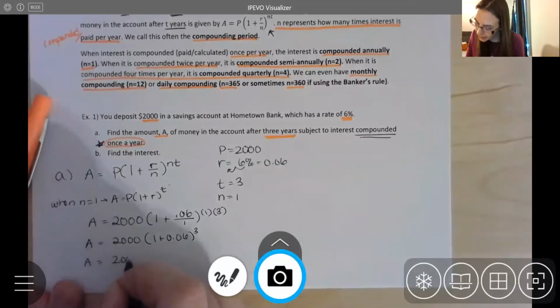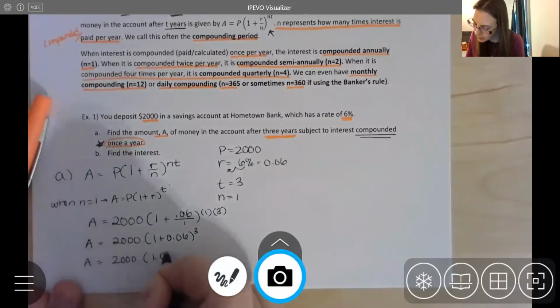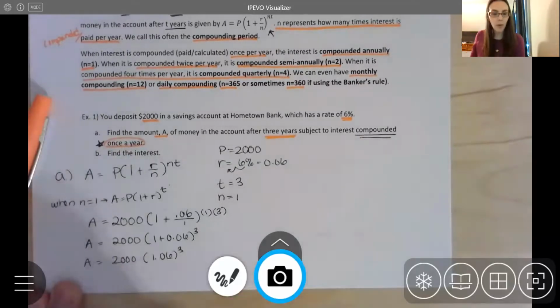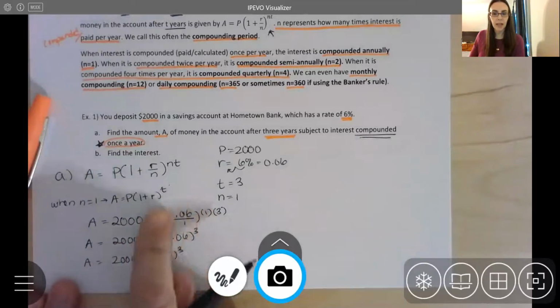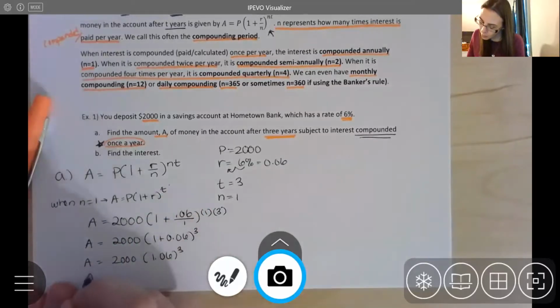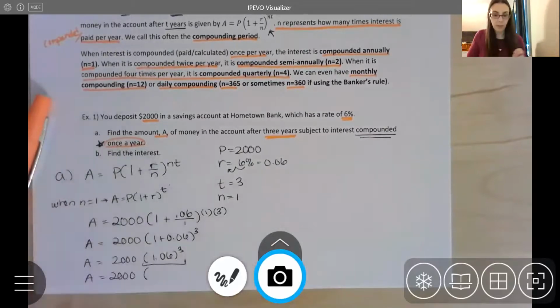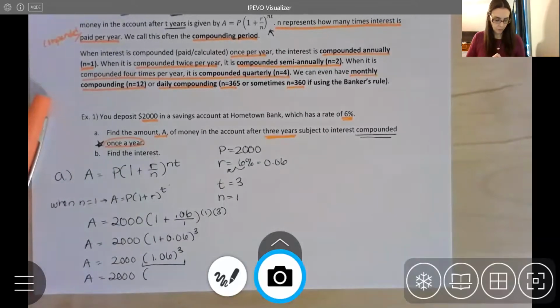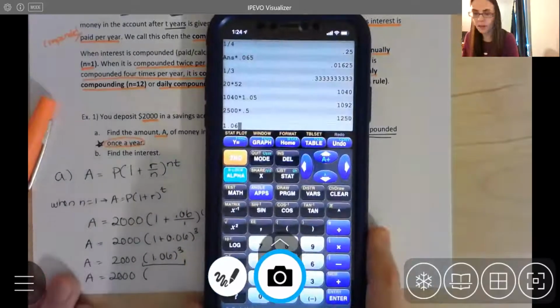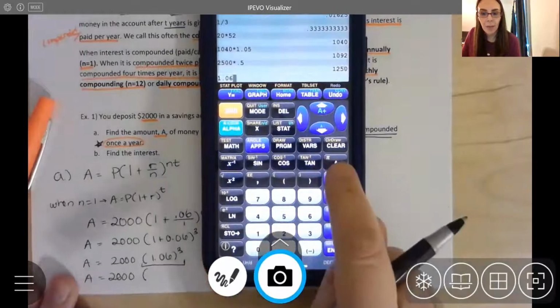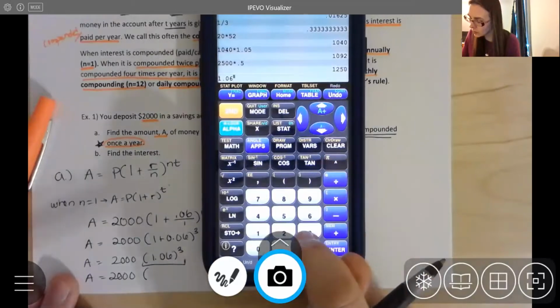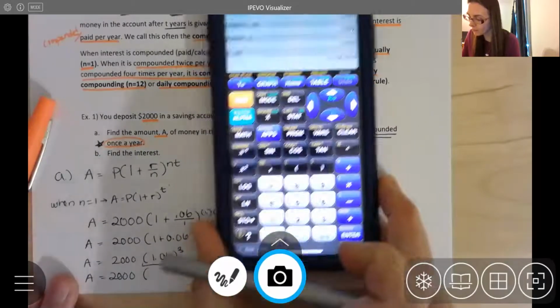Notice that as I'm simplifying, I'm working inside the parentheses first. So you're still following the order of operations, working in that parentheses, kind of cleaning it up in there first. Now you're going to do your exponent. So before I do my multiplication, you do need to do your exponent first. So I'm typing in 1.06 to my calculator, and then I'm going to use my little up arrow here and do 3, and that will do a cube for me.